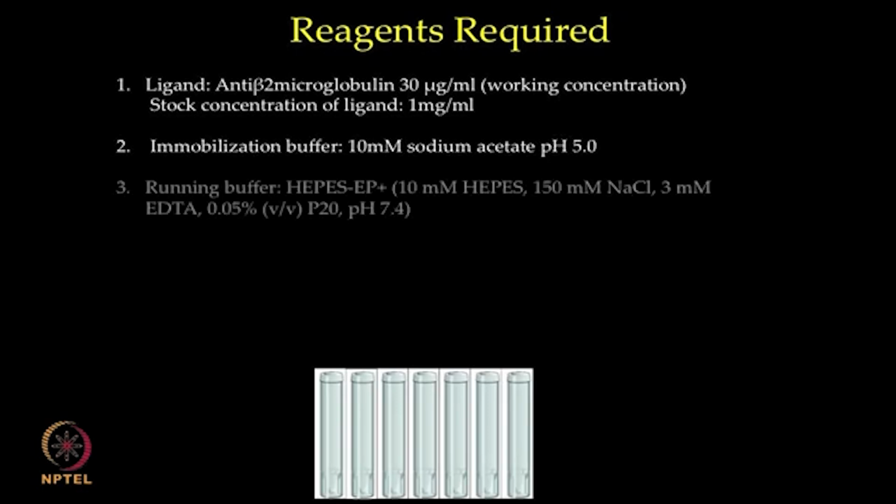We need HEPES EP plus pH 7.4, which will include 10 millimolar HEPES, 150 millimolar NaCl, 3 millimolar EDTA and 0.05% P20. This will be used as a running buffer which is already connected to the system, followed by priming of the system.